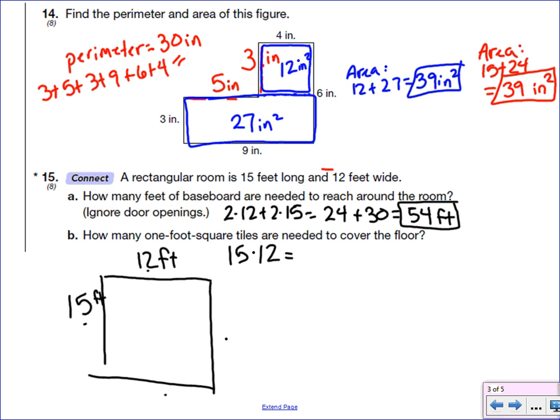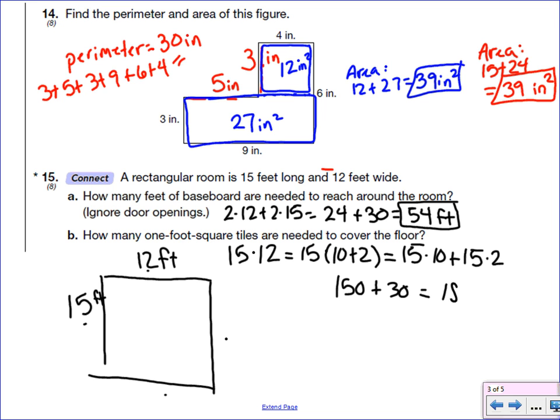15 times 10. If I break up 12 into 10 plus 2, then I have 15 times 10 plus 15 times 2. 15 times 10 is 150. And then 15 times 2 is 30, which is 180.